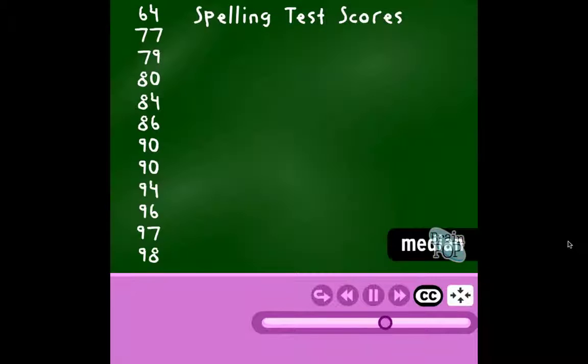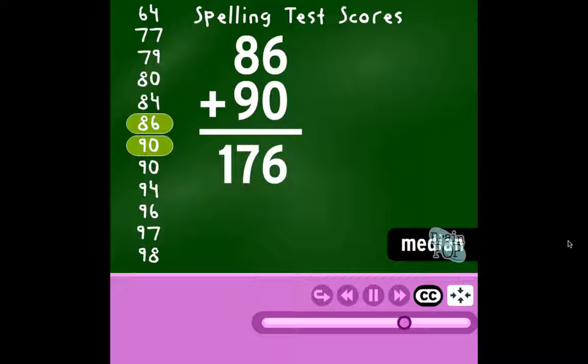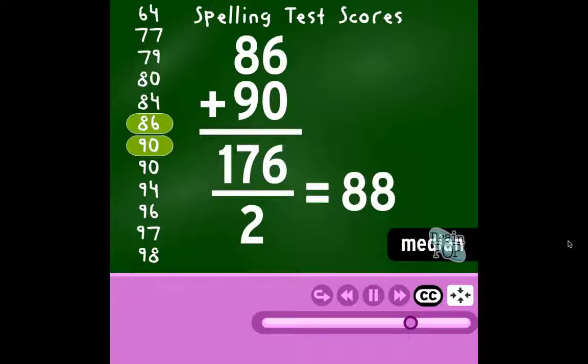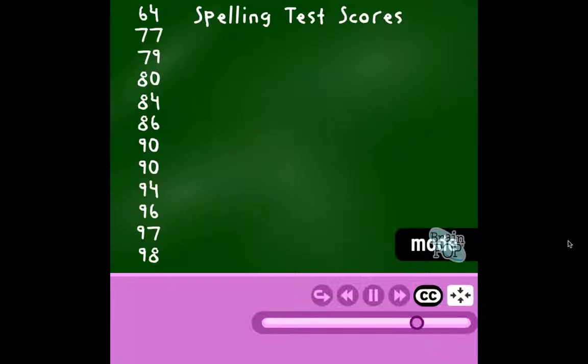Let's look at the median. That's the number in the middle when the numbers are sorted in order. Now we have an even number of scores, so there really is no middle number. In cases like this, we find the mean of the two middle numbers. Again, to find the mean, you add the scores together and divide by the number of scores. There! Our median is 88. The mode is the score that occurs most often. I see 90 twice.